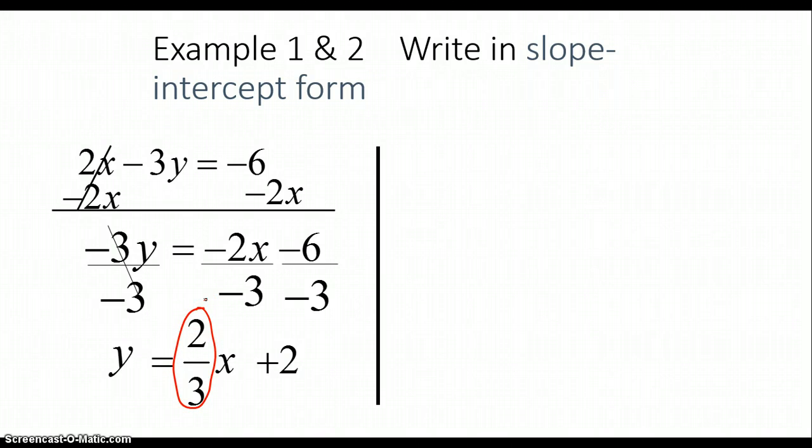So that means that to go from one point on the line to the other, I'm going to rise 2 places vertically, and then horizontally go to the right 3 places. My line is going to cross the y-intercept at positive 2, so 2 is my y-intercept.